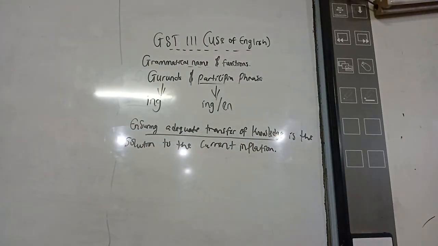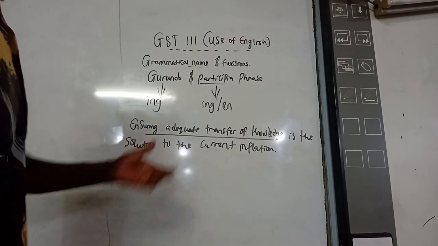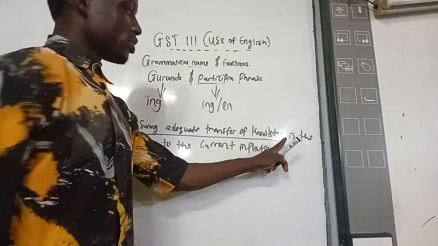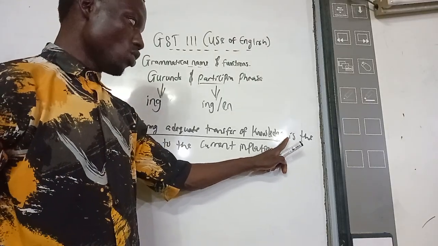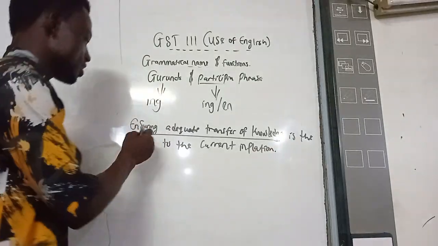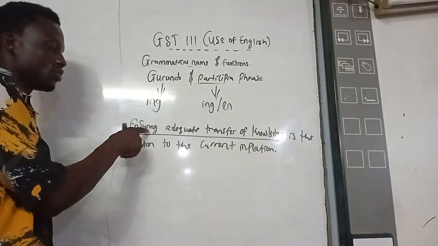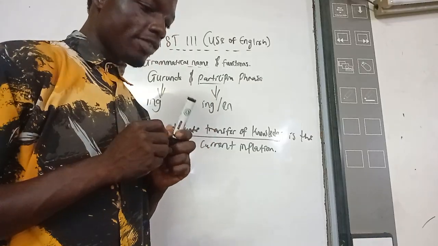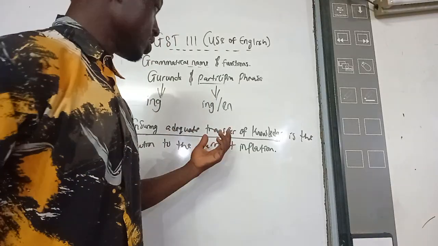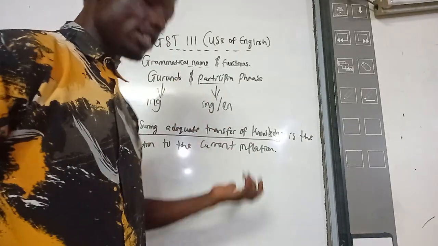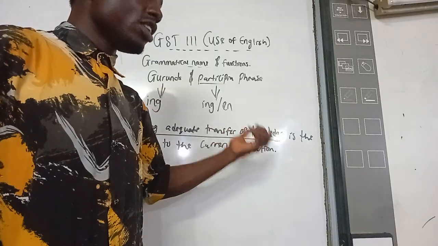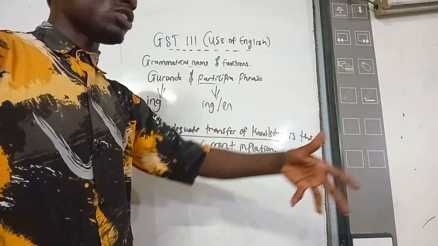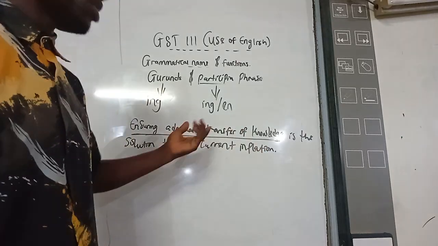Now, look at this sentence. Ensuring adequate transfer of knowledge. There is no comma after the underlined words, and the underlined part starts with a word ending with ing. So those two points have already given us a clue that this could be a gerundive phrase. Of course, this is a gerundive phrase. Even if you did not have the last aspect, you could conclude that this is a gerundive phrase.